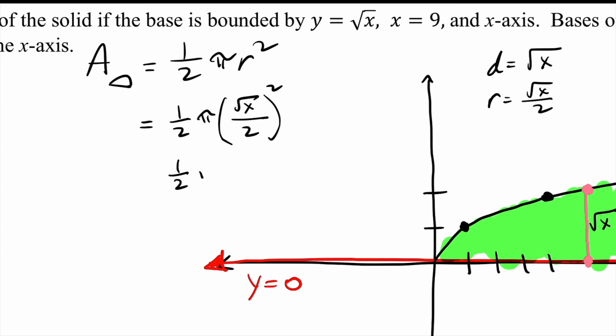So we got 1/2 pi times x over 4, which when I simplify that, I get pi x over 8. That's the area of one cross section.